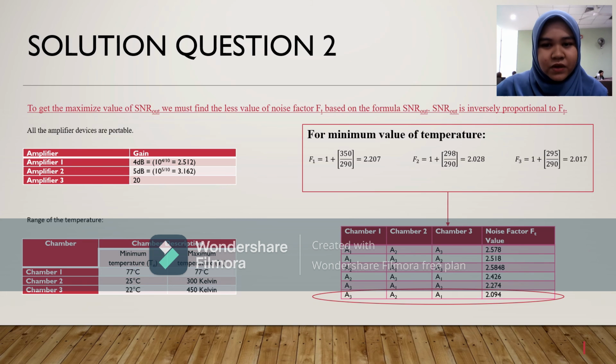After that, we randomly place amplifiers 1, 2, and 3 in the chambers. For the minimum temperature, we get the lowest noise factor when the amplifiers are placed at A3, A2, and A1.